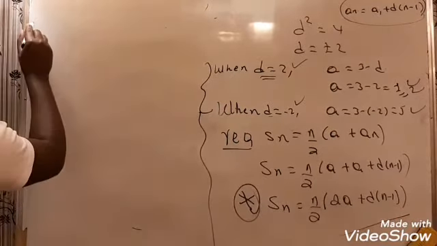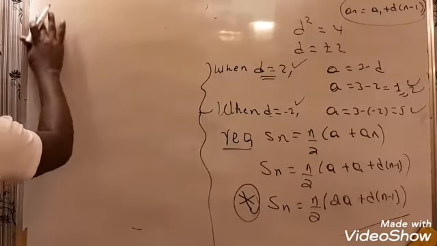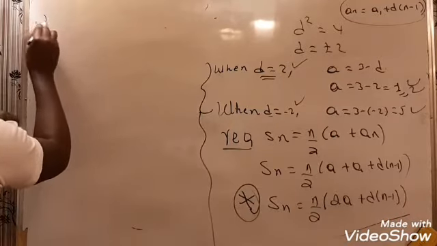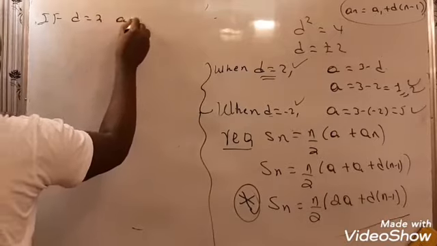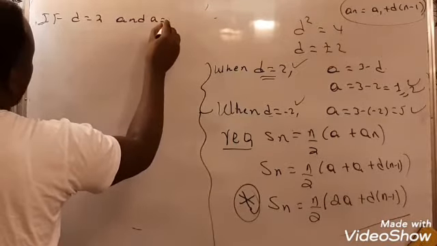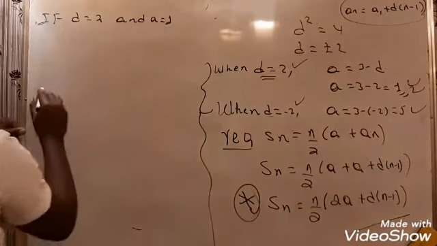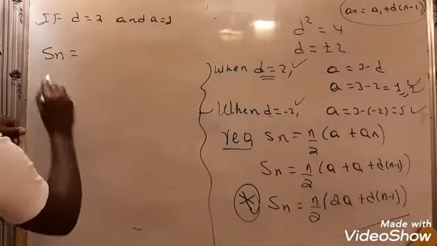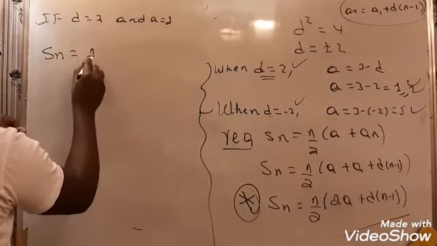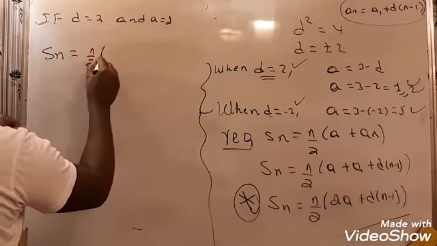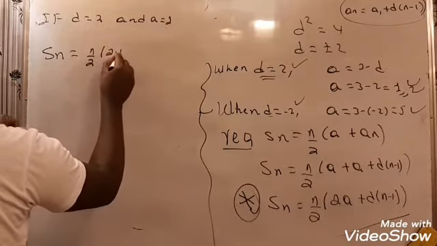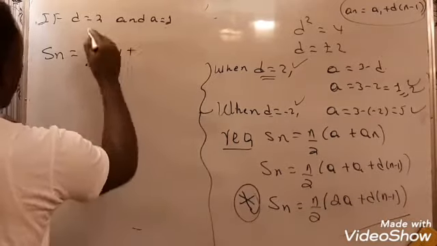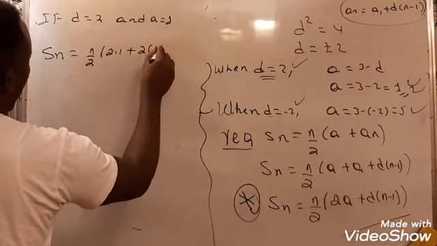Therefore, in the first case, let's take the value of d to be exactly 2 and the corresponding a exactly 1. So the partial sum for the sequence is generally given by n over 2 into 2 times a, which is 1, plus d, which is 2, into n minus 1.